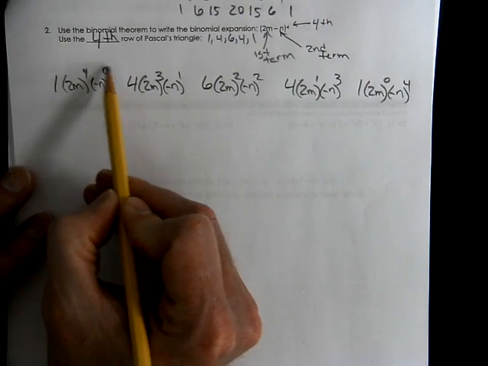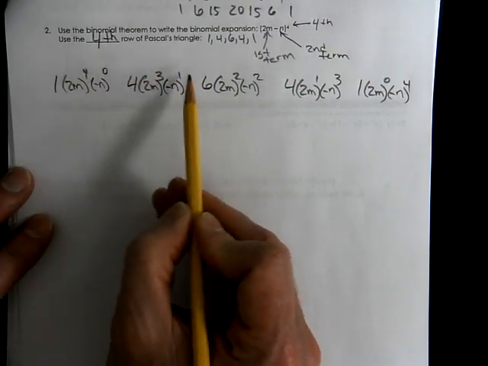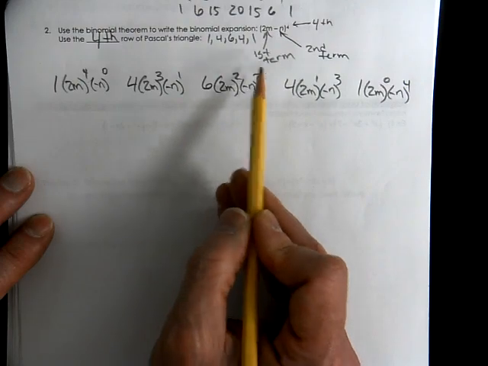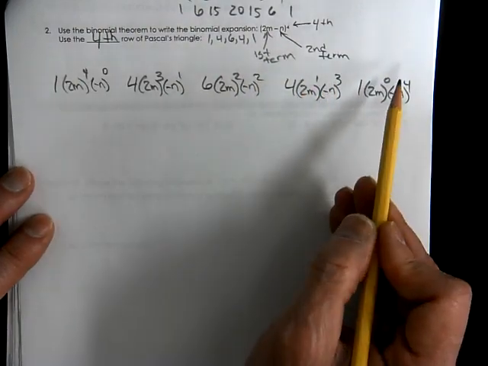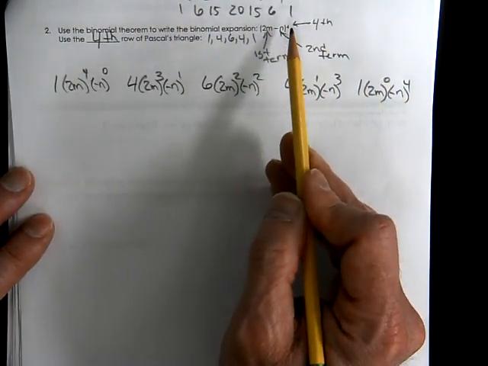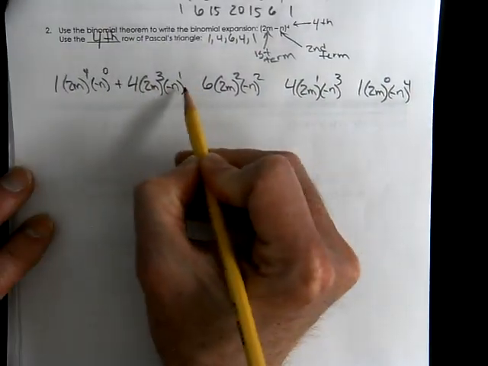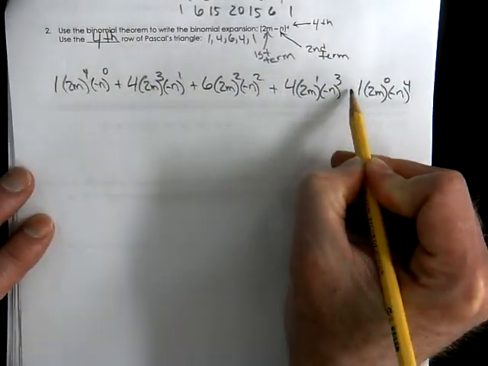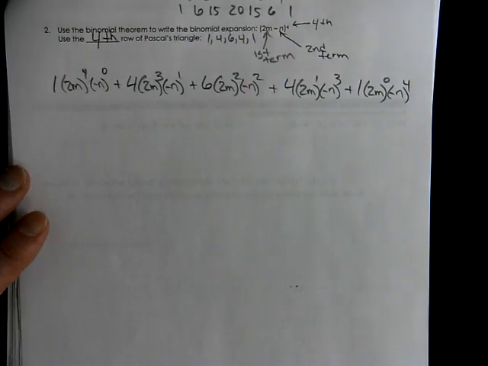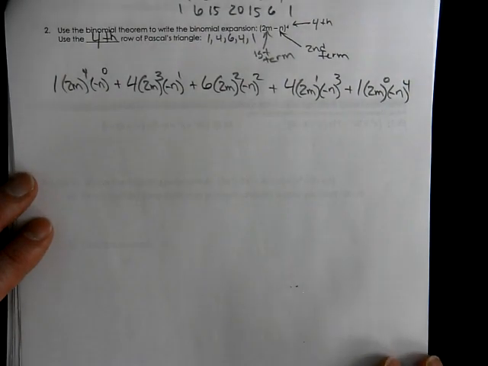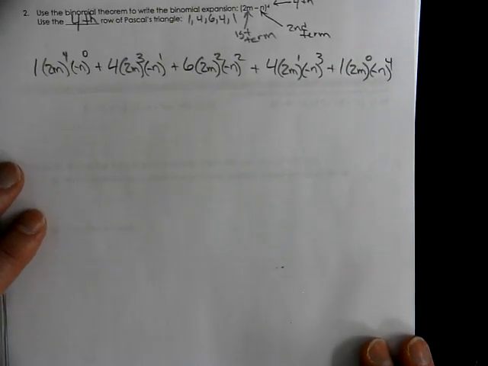Notice that the exponents add to be 4. 3 and 1 adds to be 4. 2 and 2, 1 and 3, 0 and 4 add to be the fourth power. We're putting our pluses in front of each Pascal's triangle number. Now we simplify this.